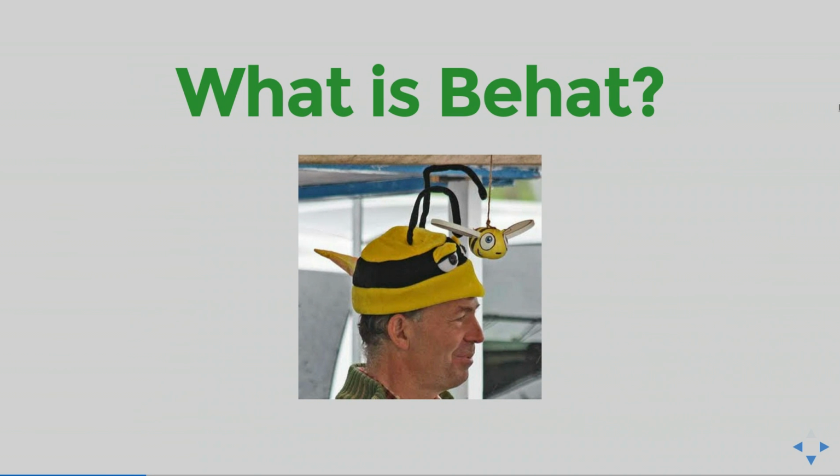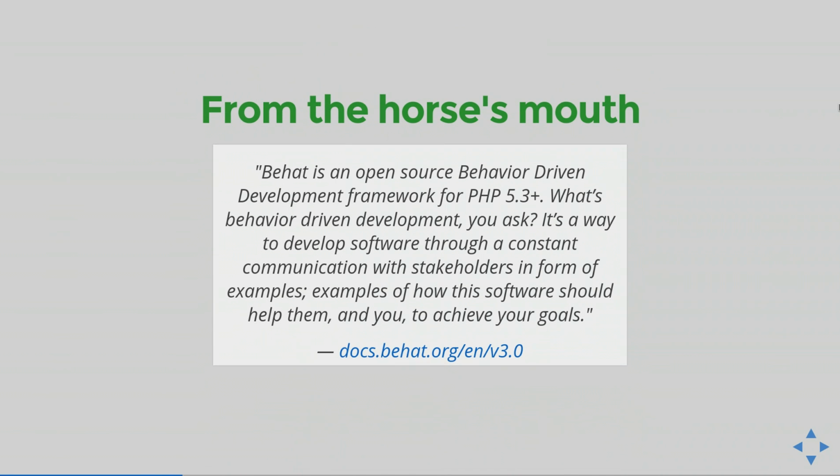Okay, so what is Behat, first of all? On Behat's documentation page, it says Behat is an open source behavior-driven development framework for PHP 5.3 plus. What's behavior-driven development, you ask?